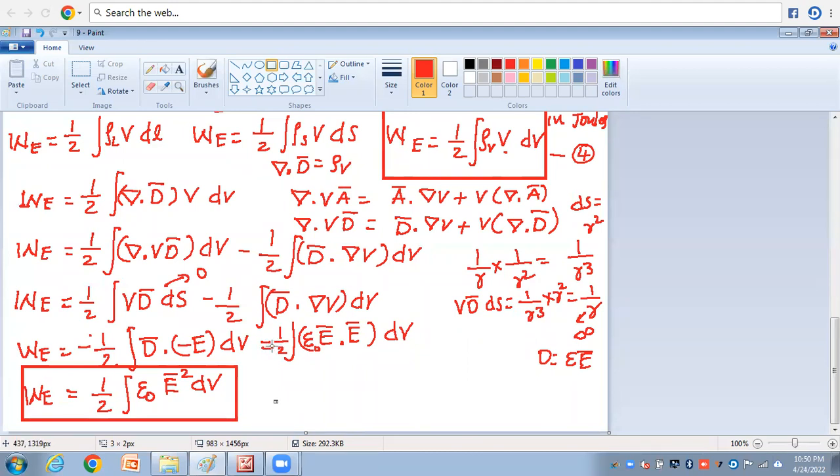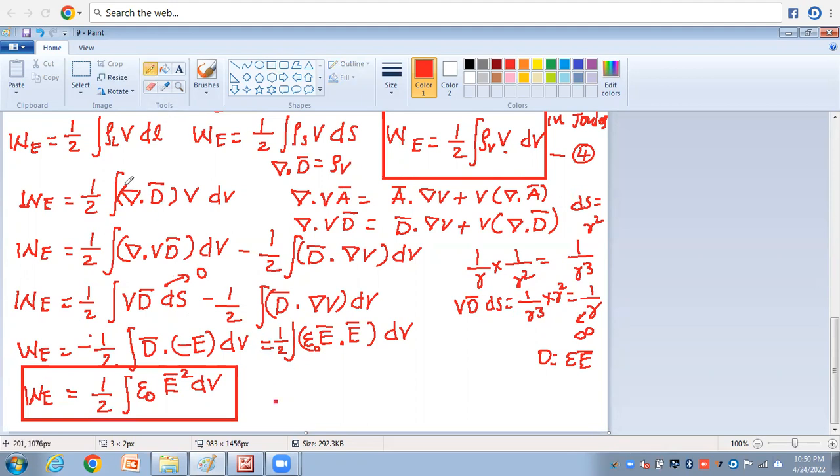Now if we define the electrostatic energy density, the unit is joule per meter cube. Doing some mathematical part, finally if I differentiate with respect to dV, then what happened?